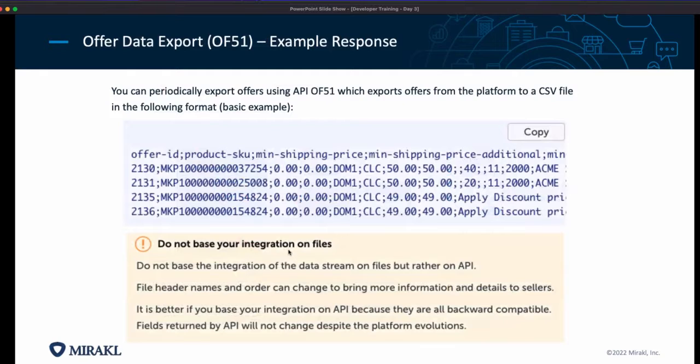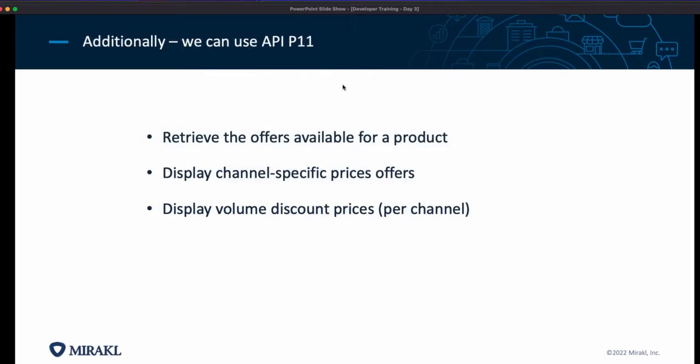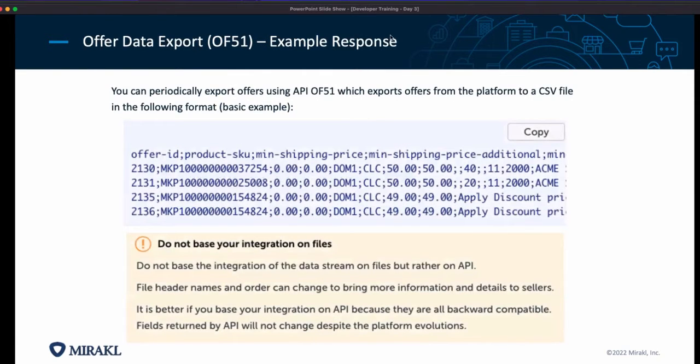With that first offer API, OF51, it is going to return the offer information in a flat file format, whereas the real-time call can provide JSON or XML. And I just want to note something important when looking at the offer feed.